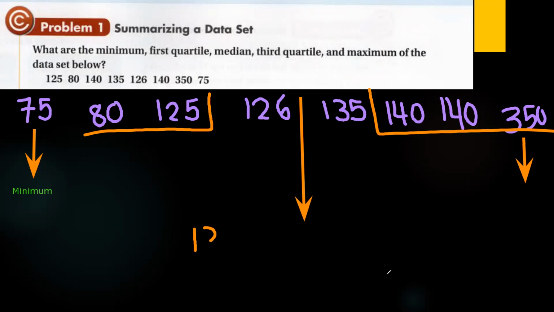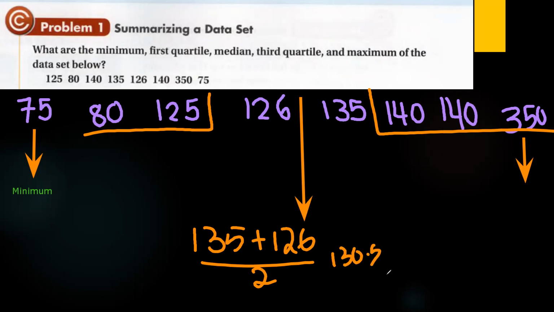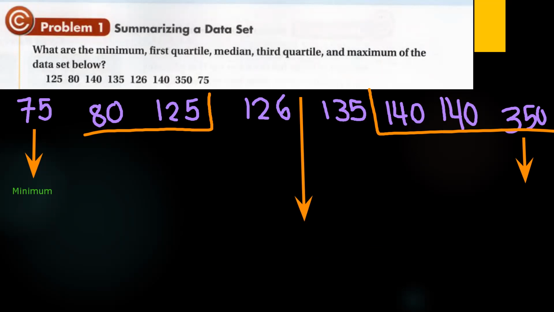We add 135 plus 126, divided by 2. Bravo. 135 plus 126 over 2 is 130.5. So this is the median. Let's write the median here as 130.5.